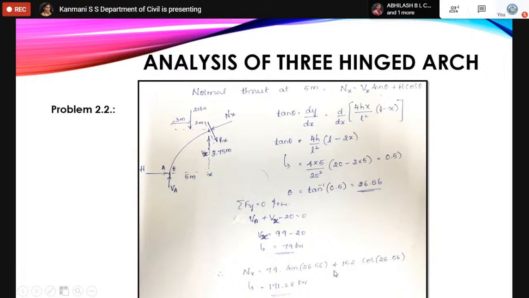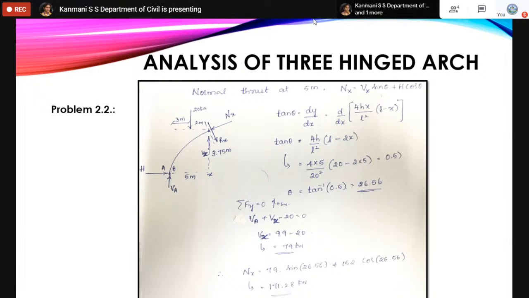Now we have to find the normal thrust. Normal thrust is Vx into sine theta plus h into cos theta. That is 79 sine 26.56 plus 152 cos 26.56. With that, we will get normal thrust as 171.28 kilonewton.